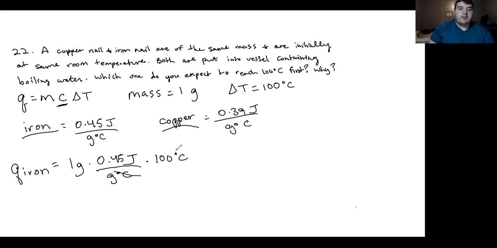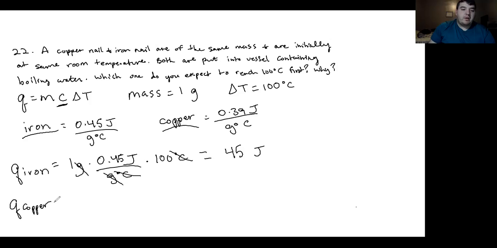My degrees Celsius cancel, my grams cancel, and I've got 1 times 0.45 times 100. That's basically 45% of 100, so it becomes 45 joules. So 45 joules of energy is required to heat up iron an additional 100 degrees Celsius when it weighs 1 gram.